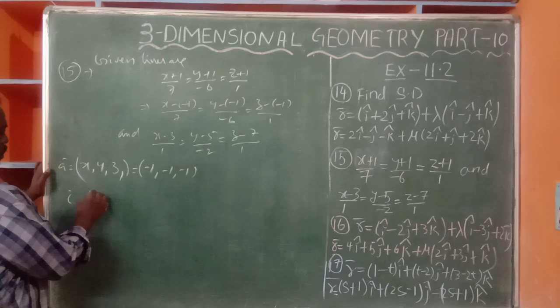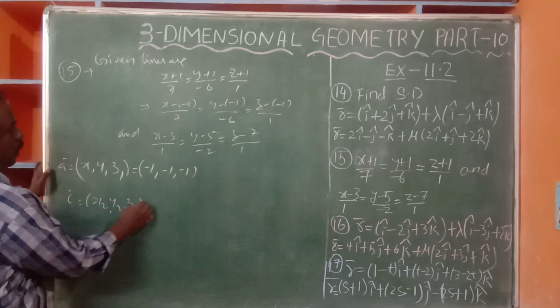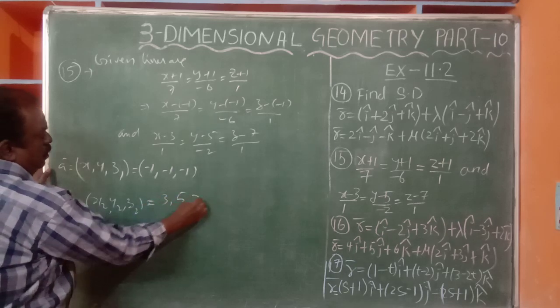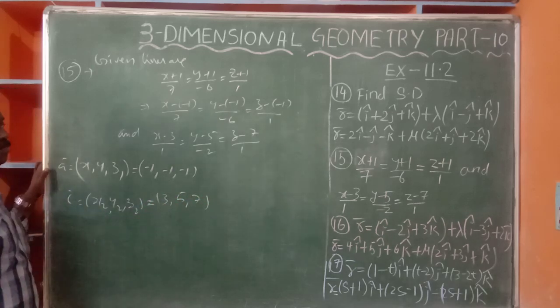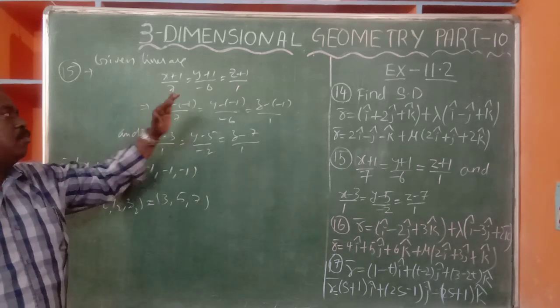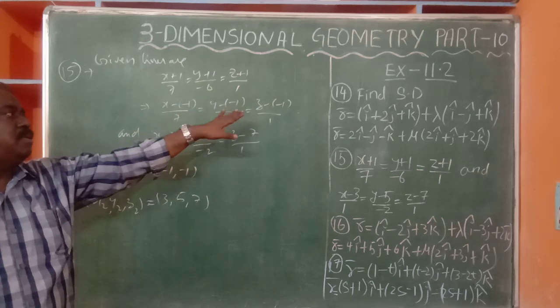And C bar is x2, y2, z2. The point is 3, 5, 7. The formula is x minus x1 by a1, y minus y1 by b1, z minus z1 by c1.